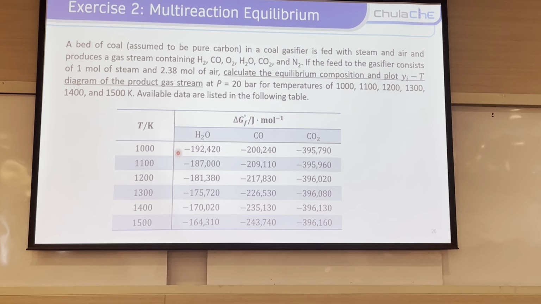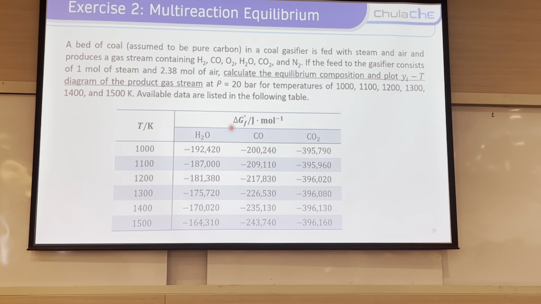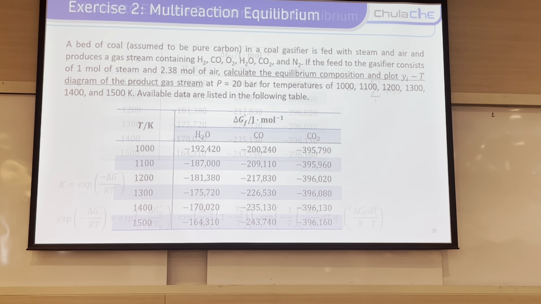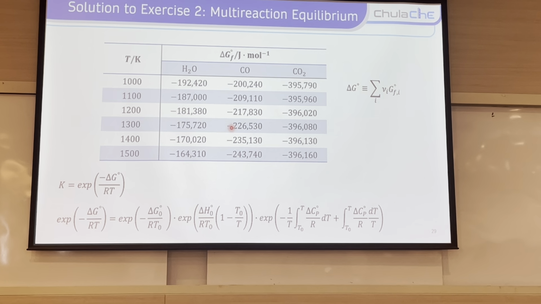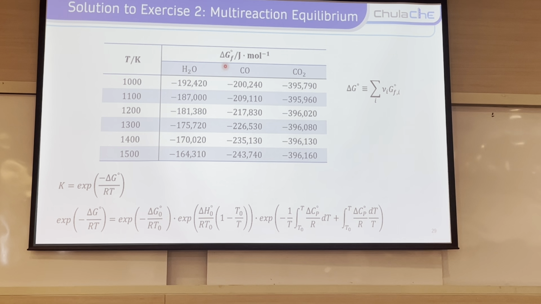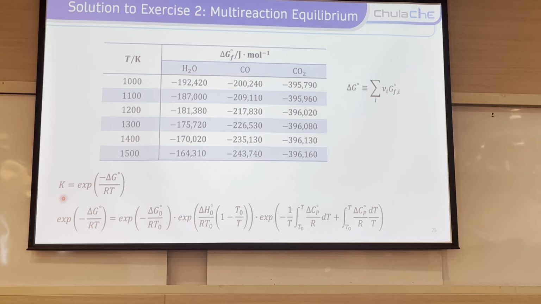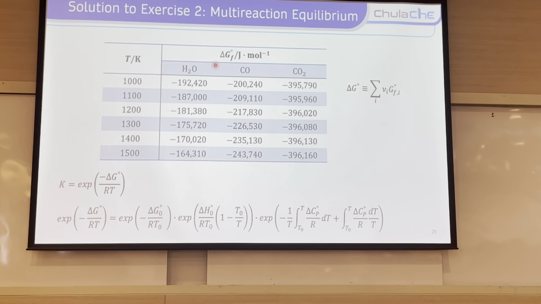In this case, they want to find the mole fraction of each species at different temperatures like this, and they provide you the standard Gibbs energy of formation. So what we went through last time is that from this data, you can directly calculate the equilibrium constant by using the standard Gibbs energy of formation here.